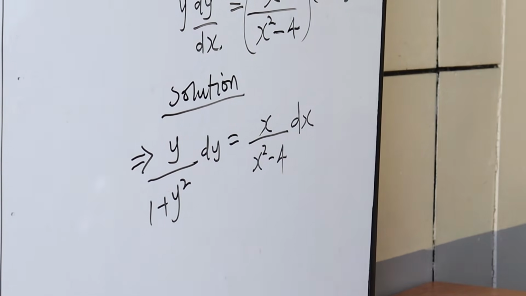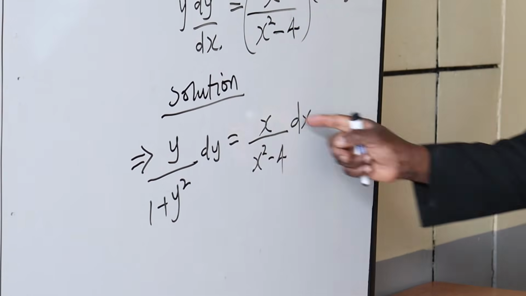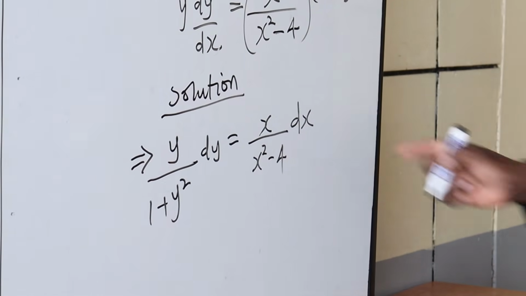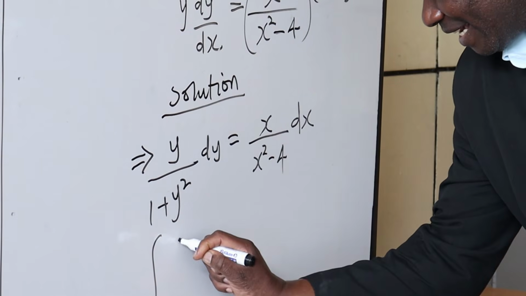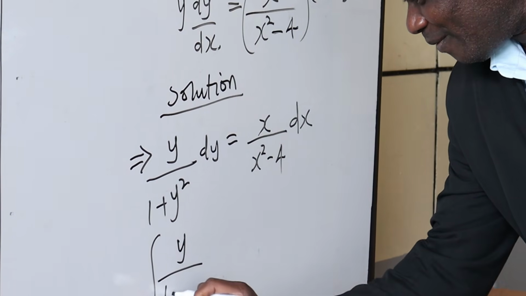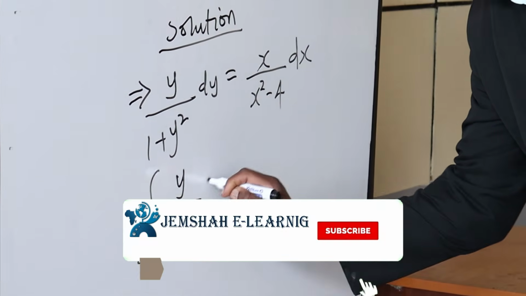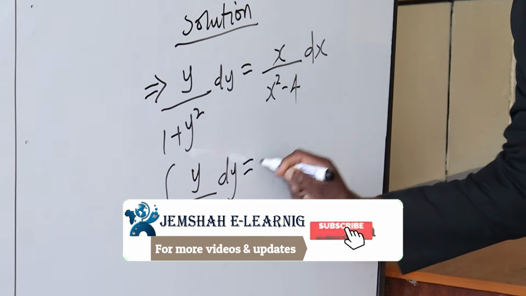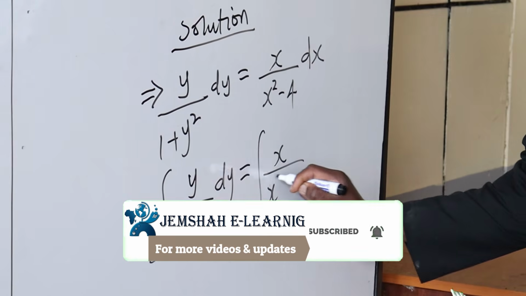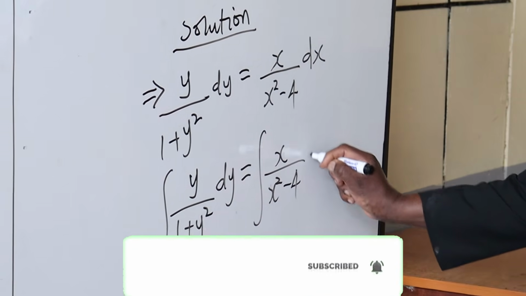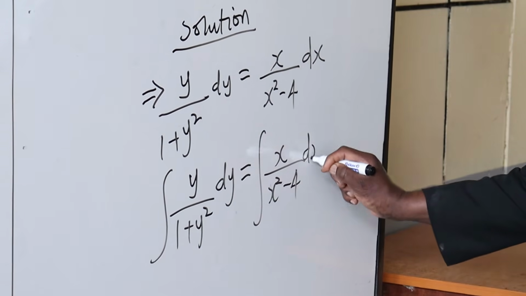After separating the variables, we can see the variables have been separated. Then we integrate: the integral of y all over 1 plus y squared dy is equal to the integral of x all over x squared minus 4 dx.